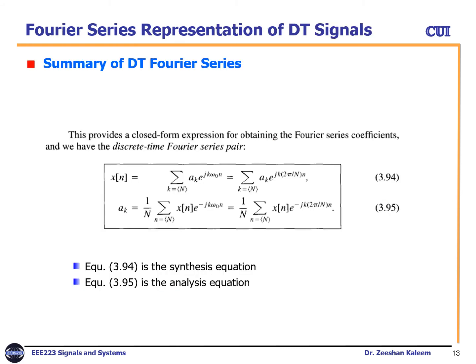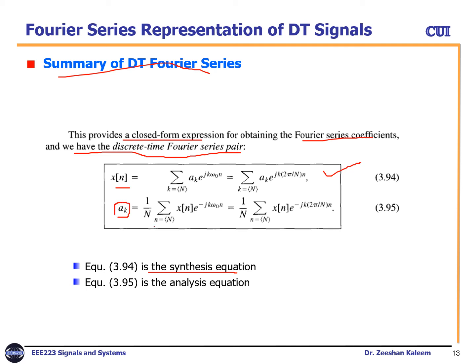Let's summarize the discrete time Fourier series. How can we evaluate the discrete time Fourier series? This provides closed form expressions for obtaining the Fourier series coefficients, and we have the discrete time Fourier series pair as x[n]. Equation 3.94 is the synthesis equation, whereas the Fourier series coefficients a_k can be found by using this equation.